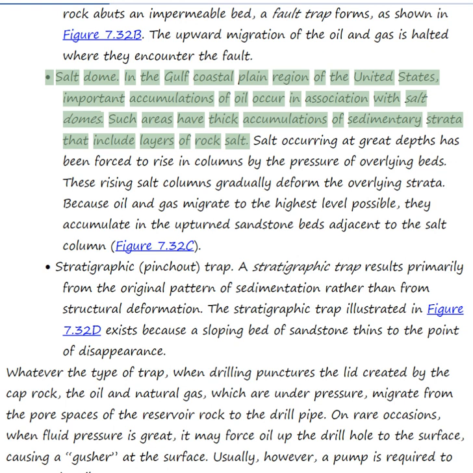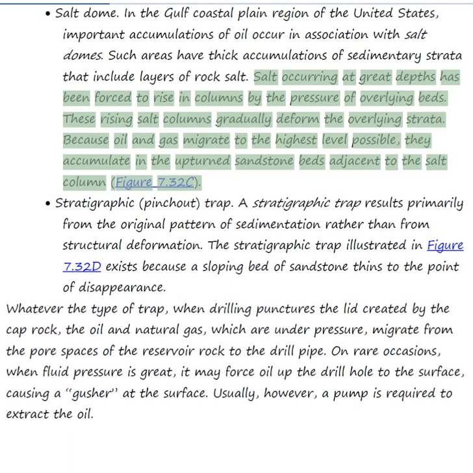Such areas have thick accumulations of sedimentary strata that include layers of rock salt. Salt occurring at great depths has been forced to rise in columns by the pressure of overlying beds. These rising salt columns gradually deform the overlying strata. Because oil and gas migrate to the highest level possible, they accumulate in the upturned sandstone beds adjacent to the salt column.